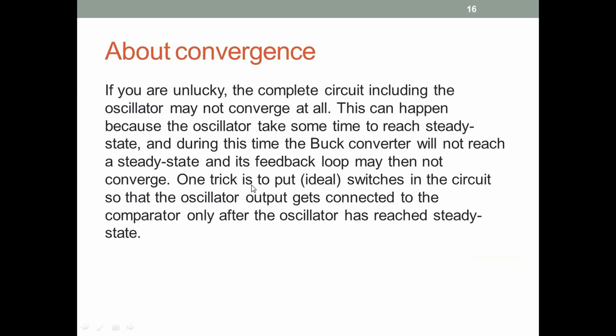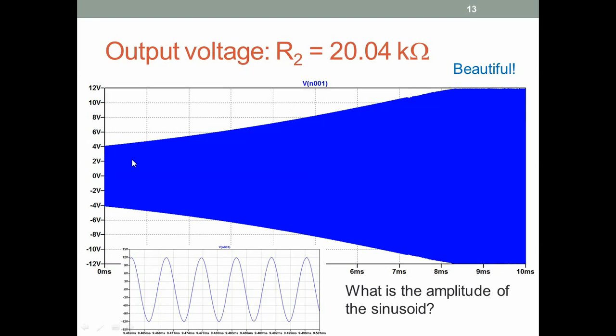One trick to avoid this problem is to put some ideal switches in the circuit, so that you let the oscillator start first. Let me go back again here. So you start the simulation, you have some switch, and once you have designed the oscillator, you will know, for example, that the oscillator is taking, let us say, some 8.5 milliseconds to reach its final steady state.